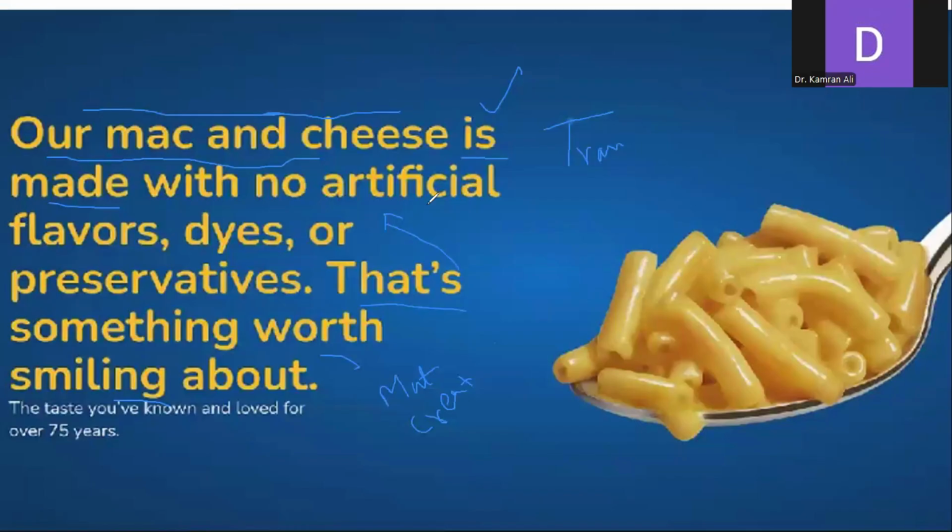There are other elements. For example, if I look at the second category in lexical grammar, that is clause as exchange, right? In clause as exchange, we have mood and modality. Now in mood, we can see over here the clauses are declarative.